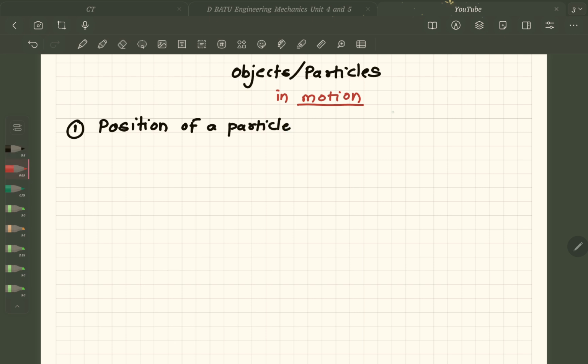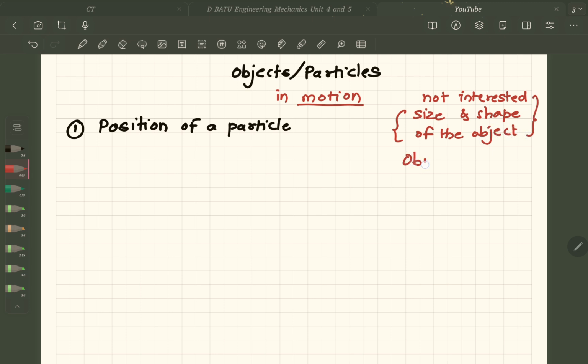We are not considering the objects because we are not interested in the size and shape of the object. So even though we are dealing with objects, we are considering them as particles because we are not dealing with their size and shape.